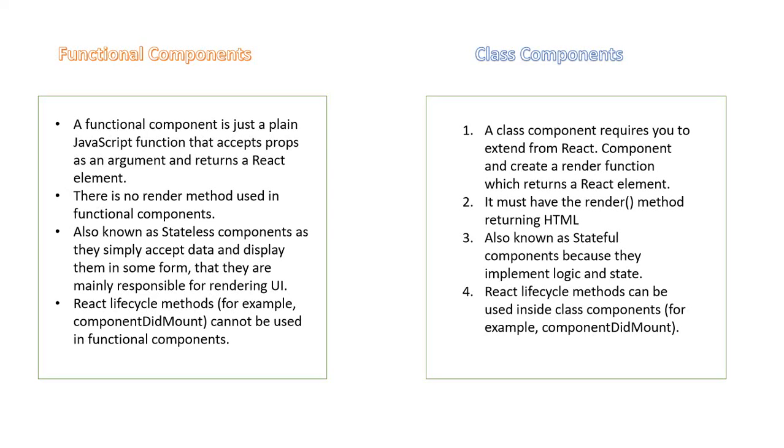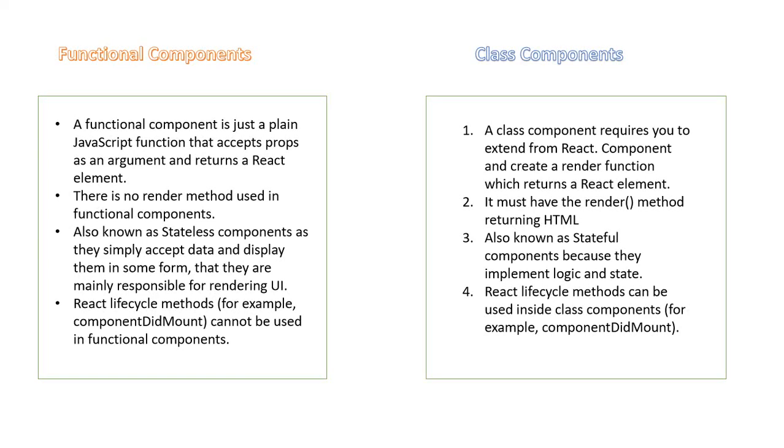Each and every class component has the render method. There is no render method in functional components. A class component must have a render method returning the HTML. Functional components are also known as stateless components, as they simply accept the data and display it in some form.